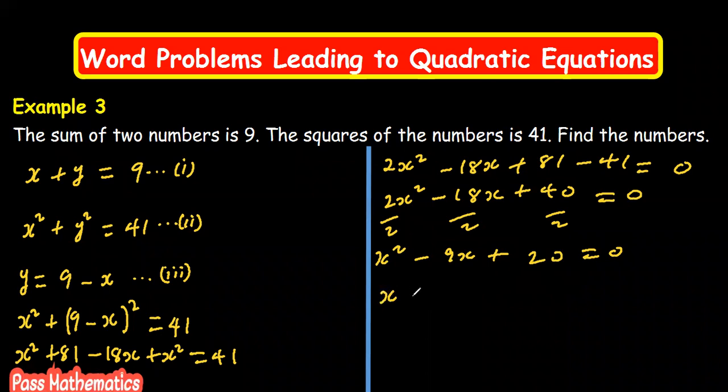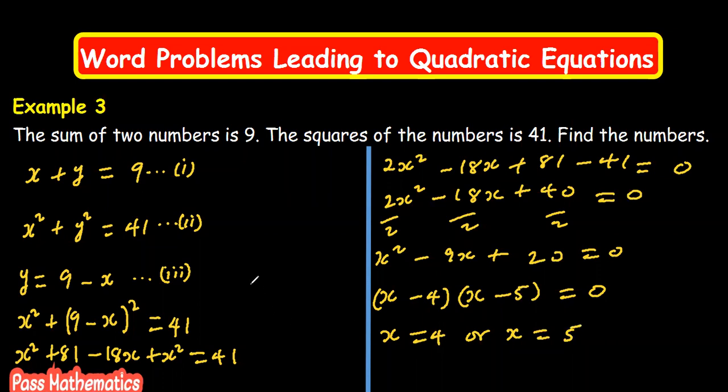So your equation will be x minus 4 and then x minus 5 in brackets, equal to 0. So basically x is 4 or x is 5.